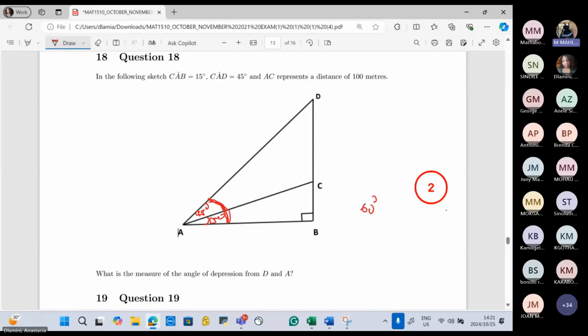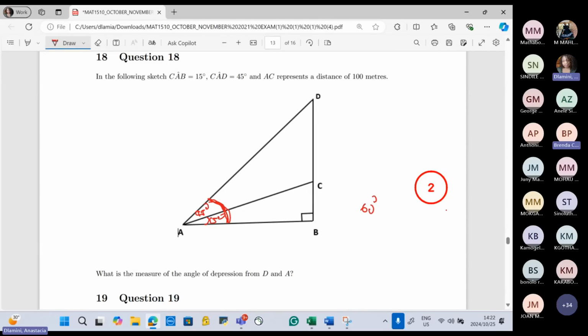Then I'll transpose. 60 plus 90 is 150. And then my angle D will be 180 minus 150, which is 30 degrees. Okay, everything you said there is correct, but it's not answering the question. Can I try, ma'am? Yes.